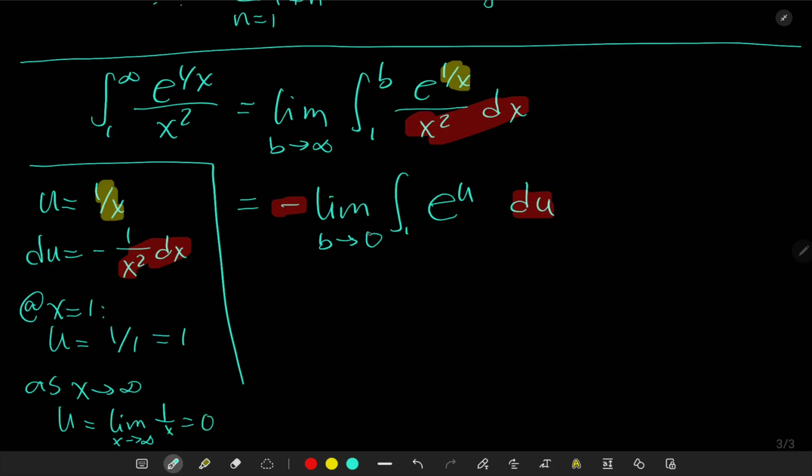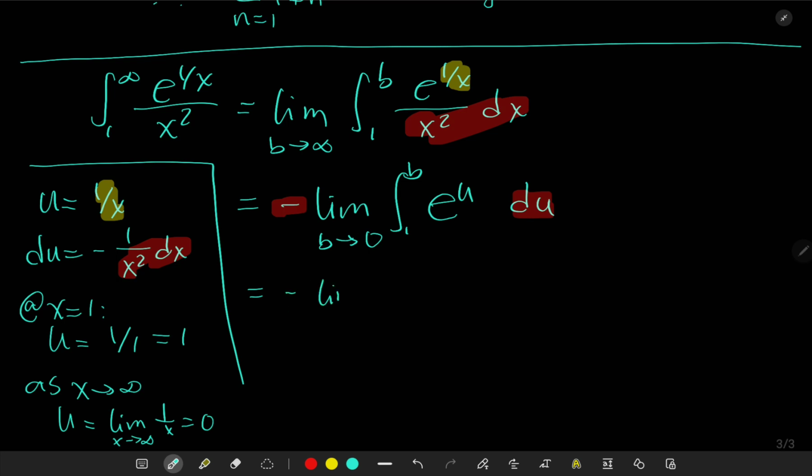So this limit will be as b goes to 0, and let's leave b there alone. Another way you could have done it is to say the limit as b goes to infinity of 1 over b. If you wanted to replace it, just plug in b here. That works too. Anyways, I just changed the endpoint and left the variable alone, or changed the limit rather. Either way, you get the same thing.